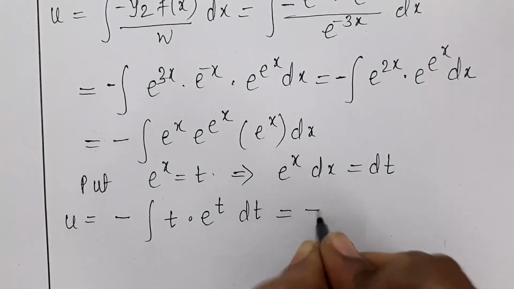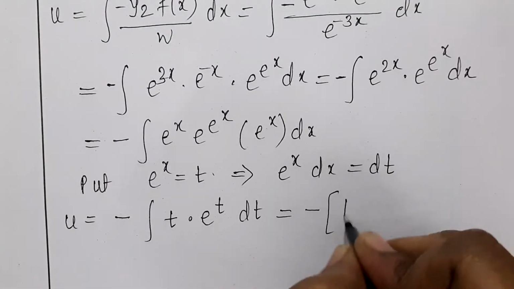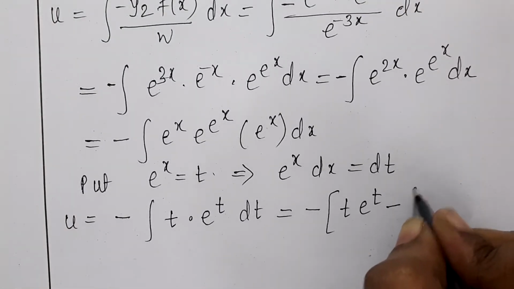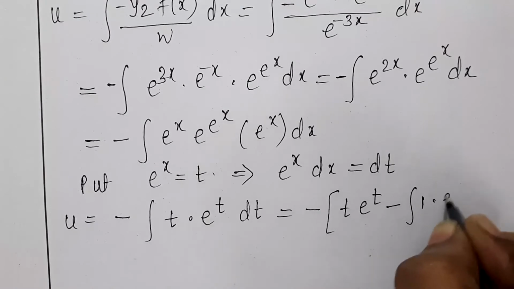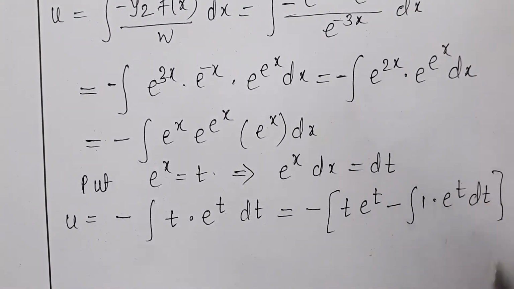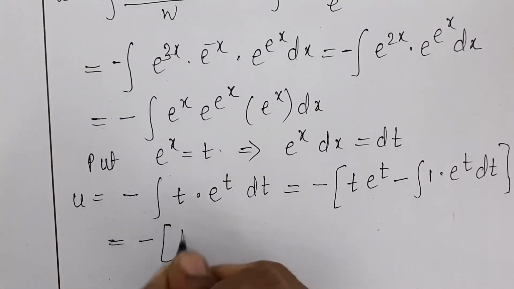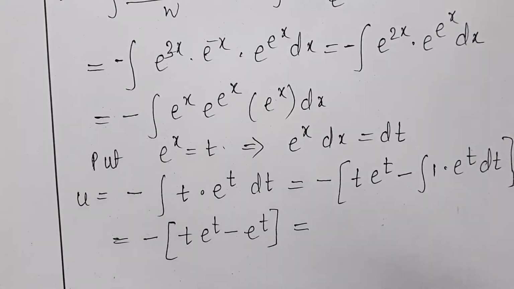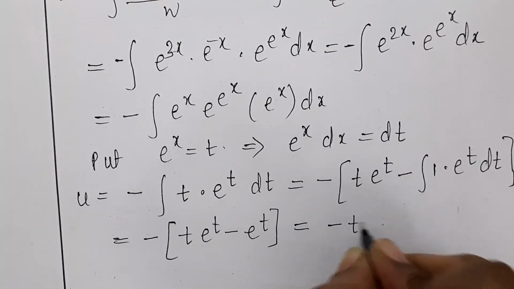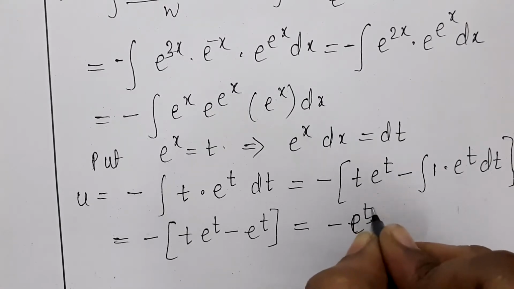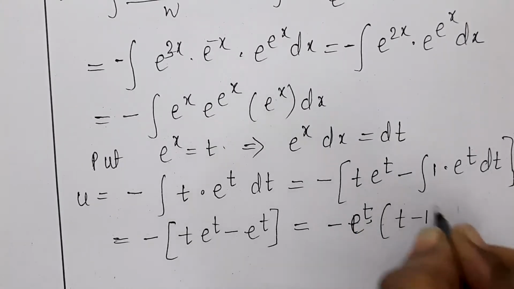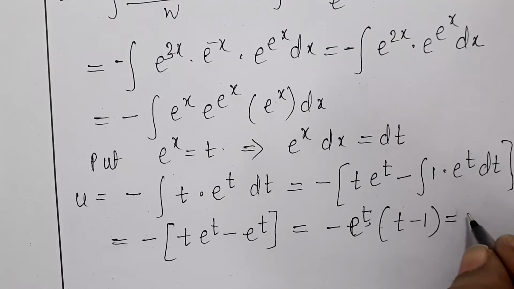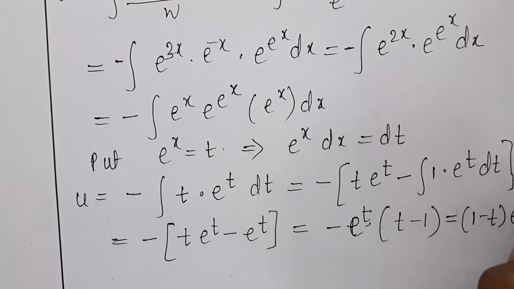Now we can use here integration by parts. First function, that is t as it is, integration of e^t is e^t, minus integration of derivative of t is 1 and integration of e^t is e^t. So this is equal to -(t e^t - e^t), which is equal to -(t - 1) e^t, or you can write it as (1 - t) e^t.